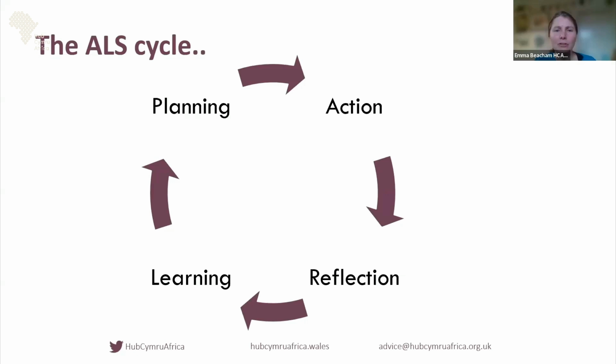Action learning applies the theory that learning is the product not just of knowledge, but also of action, questioning and reflection. The action learning set cycle follows this process: you stop to reflect on the actions taken, then you draw out the learning from the reflection, you apply the learning to your planning, and then you take the action that was planned.